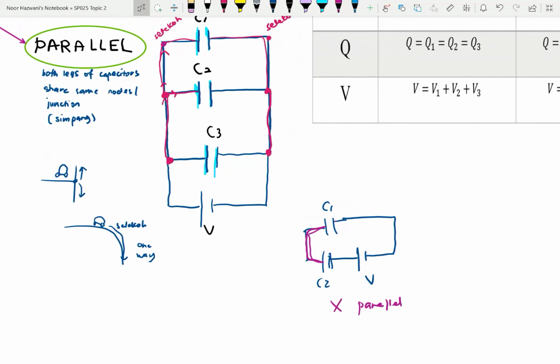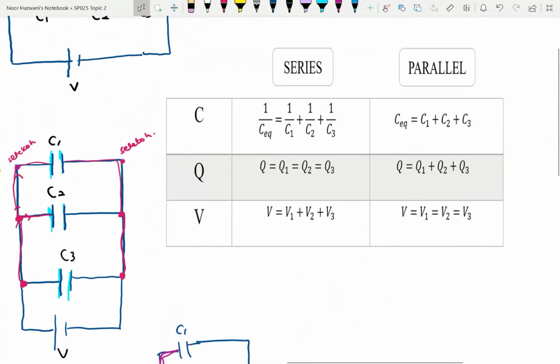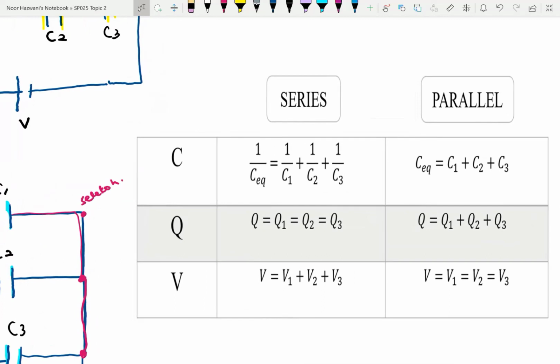Okay, kebanyakan student memang ada masalah untuk differentiate between series and parallel. Okay, this is the key idea untuk series dan parallel. Okay, the first one, ini adalah cara untuk mengira C total ataupun capacitance total ataupun kita panggil sebagai C equivalent ataupun C effective. Okay, so dia terbalik.